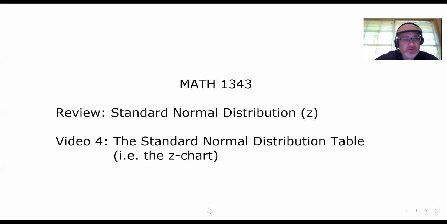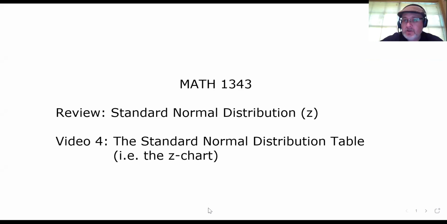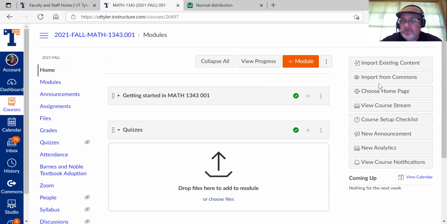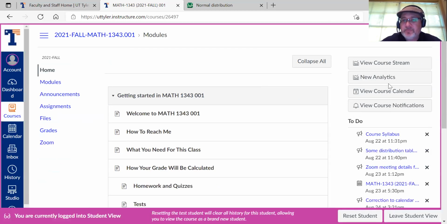If you go into Canvas, and we'll do the student view, so it looks like what it looks like when you log in. There are already PDFs of the Z distribution, the T distribution, and whatnot.